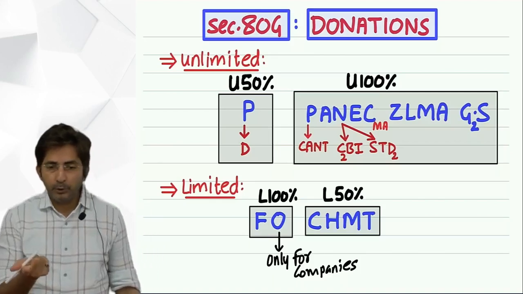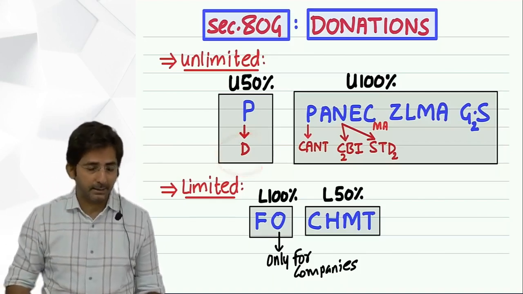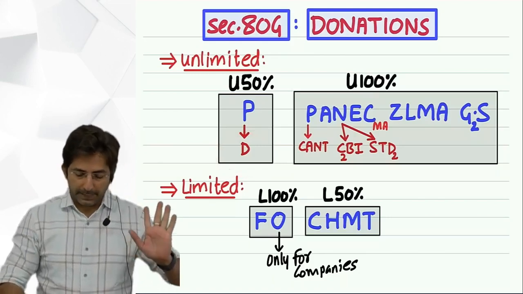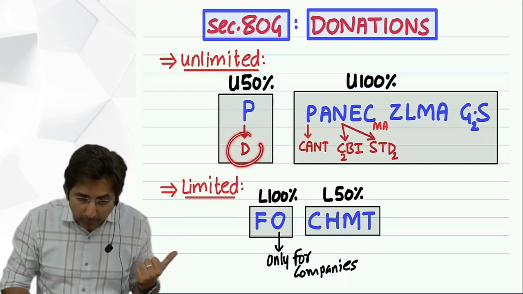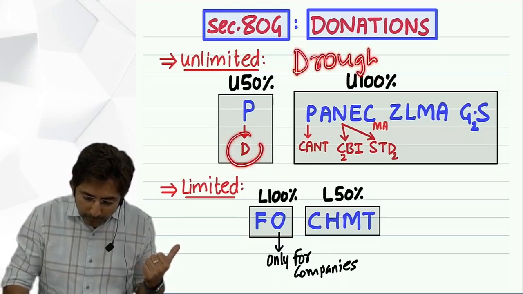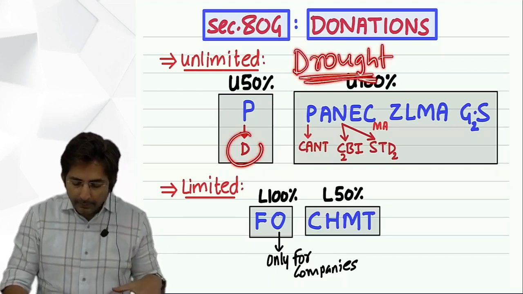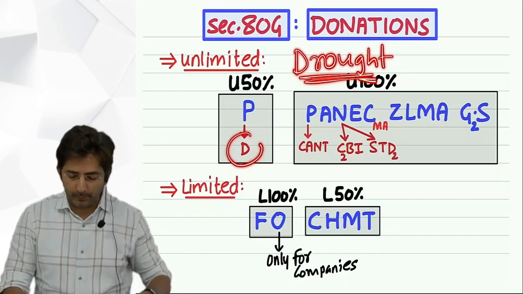Your money will be used for drought areas. Drought means dry areas. So the first donation is Prime Minister Drought Relief Fund. How do you spell drought? Prime Minister Drought Relief Fund.